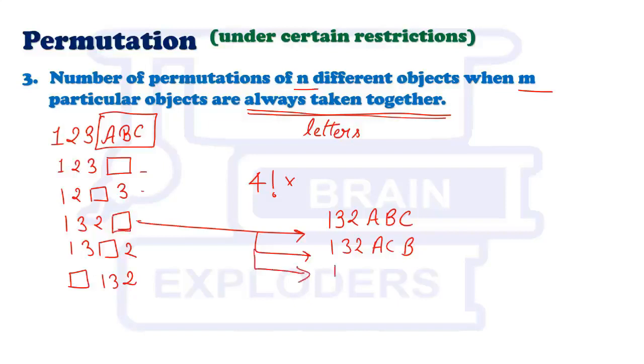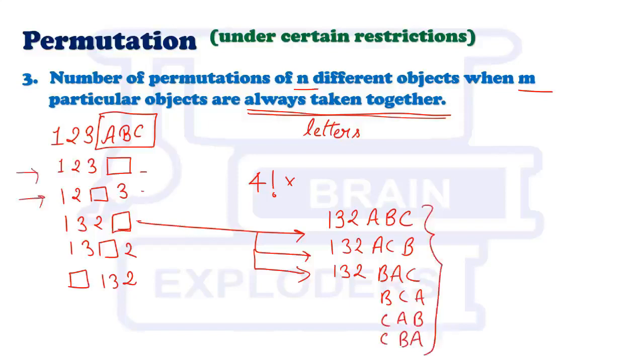They definitely can interchange their positions. So the third possibility is BAC, fourth is BCA, fifth is CAB, and sixth is CBA. Means for every permutation written here in the form of box, there are 6 more possible permutations.